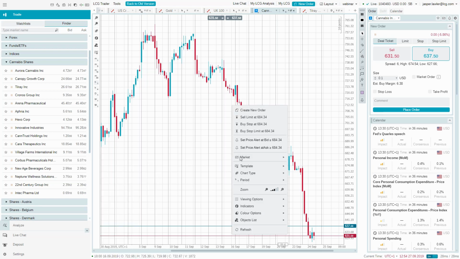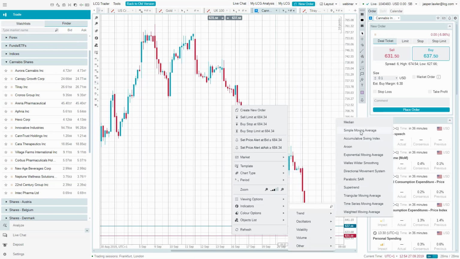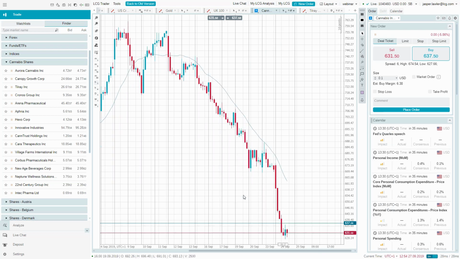But anyway, if I add on the platform here, for example, a simple moving average, say a 20-day moving average, you can see that it's pointing lower. It's in a correction phase. Depending on what you use as a basis for determining your trend, you could wait for some sort of short term signal, and bear in mind this is an H1 chart.